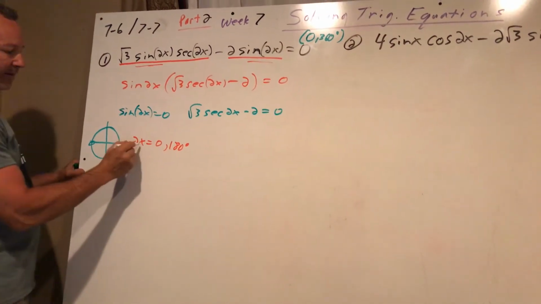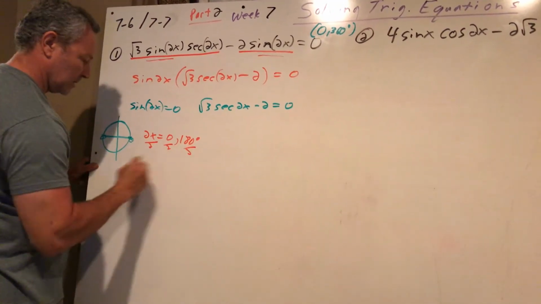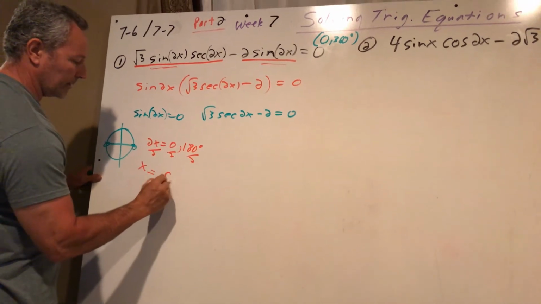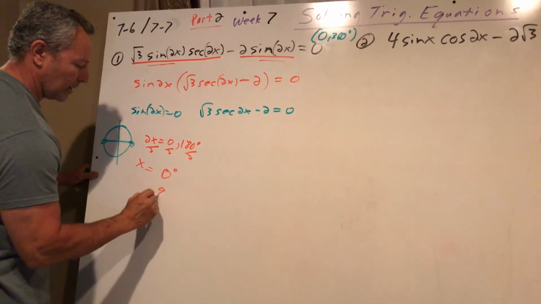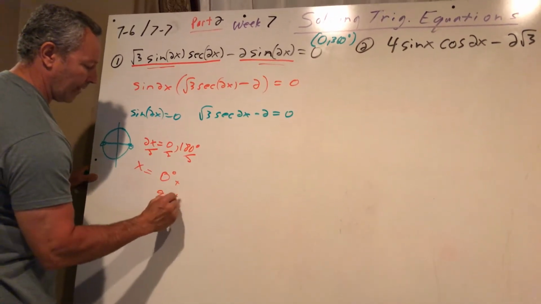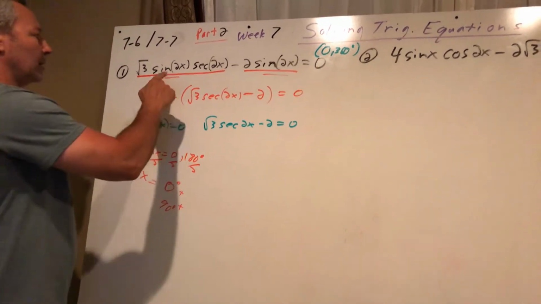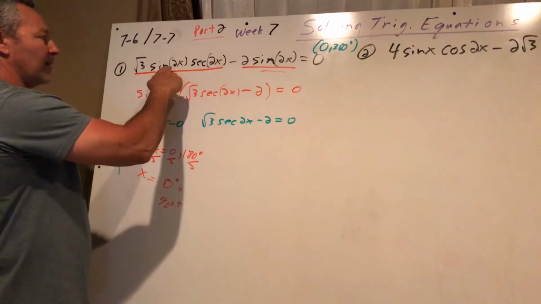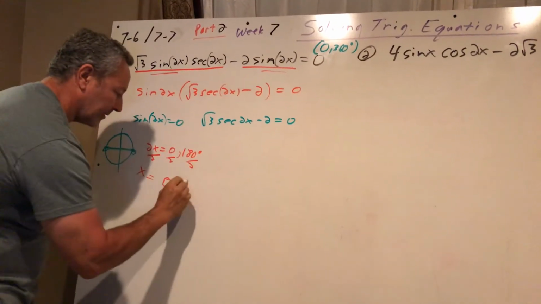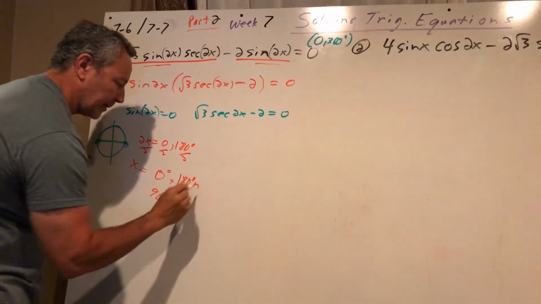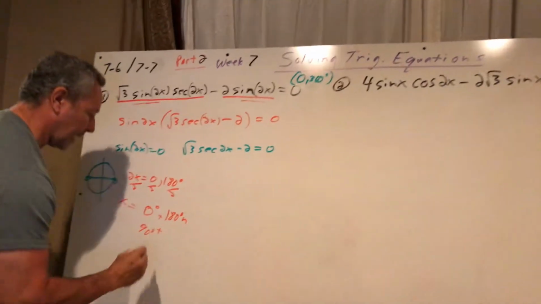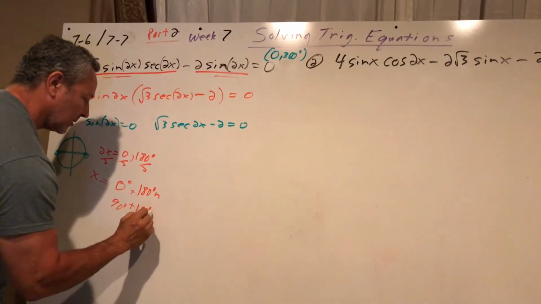Those are my two. I'm going to divide by 2. X equals 0 degrees and 90 degrees, and I'm going to add the period until I'm out of range. The period is 360 divided by 2, which is 180 degrees. I'm going to add it as many times as I can before it's out of range.